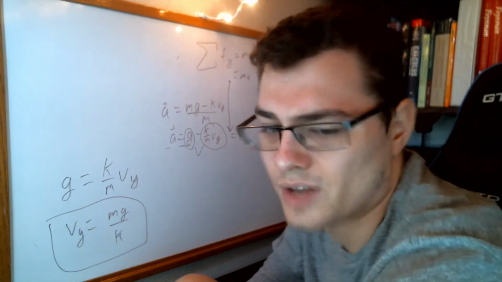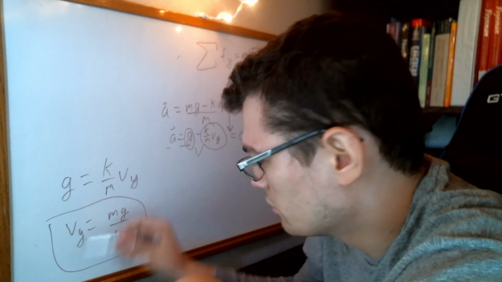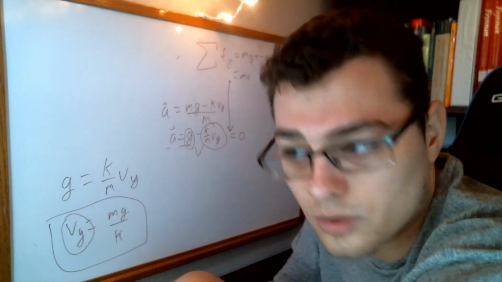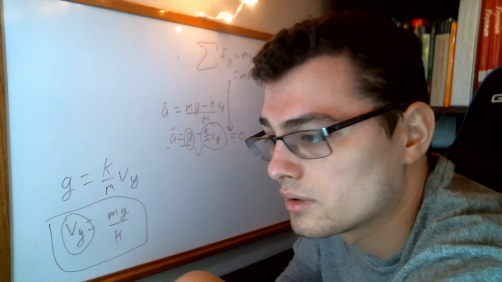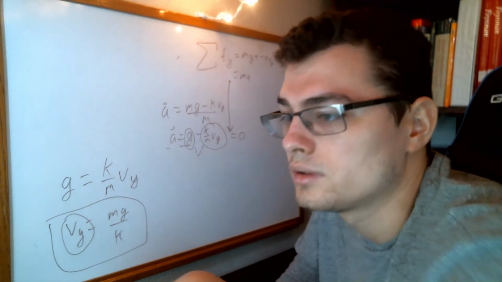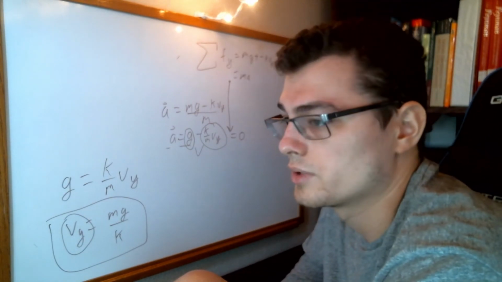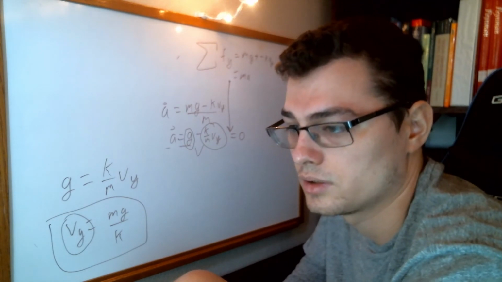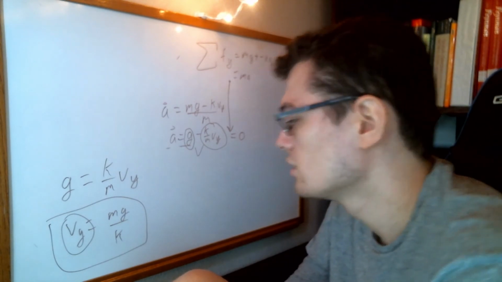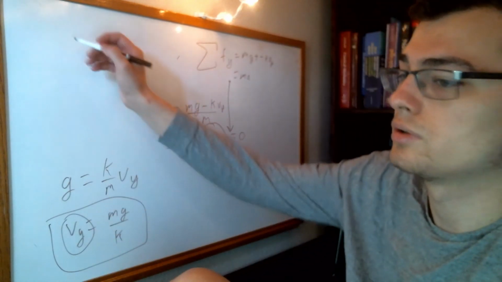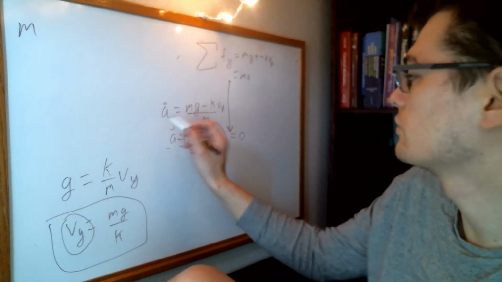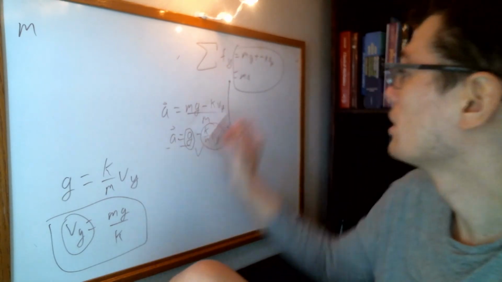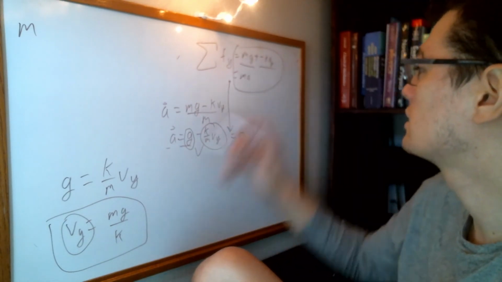And k is going to have the units to cancel out whatever it needs to in order to get the units of velocity here. And so a couple more things we can do in order to find the position. We're going to use our expression that we obtained, again, mg minus kvy.